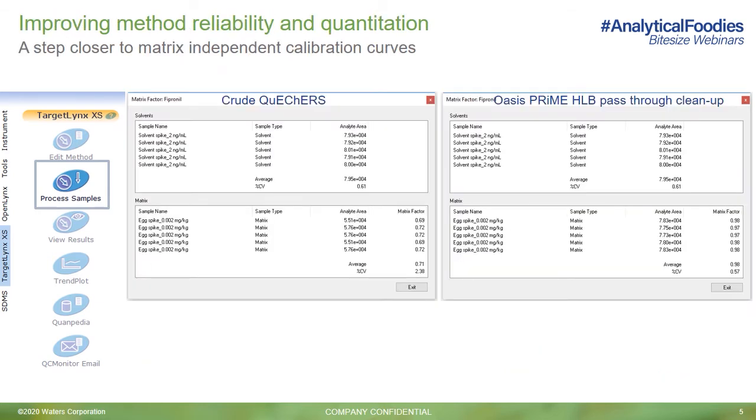By removing these effects, we've reduced the variability between samples, thus increasing the method's reliability. This can be seen in the percentage CVs reported in the matrix factor tool for the crude QuEChERS and cleaned up QuEChERS extract of egg, where the precision is improved by more than a quarter for the cleaned up extract.